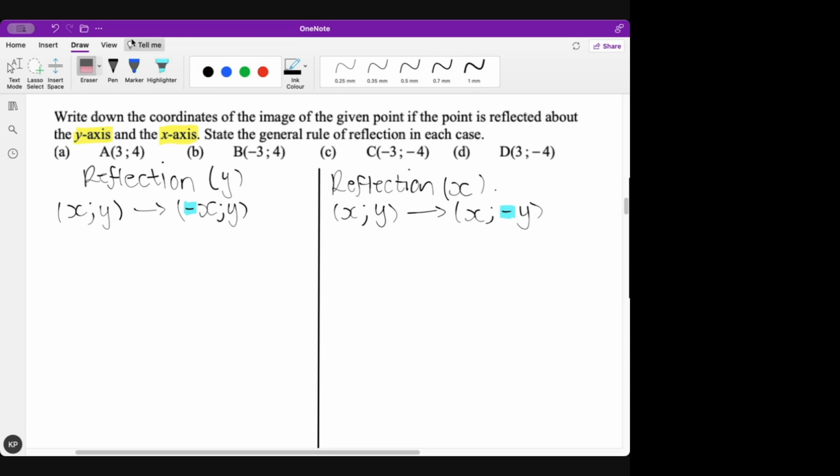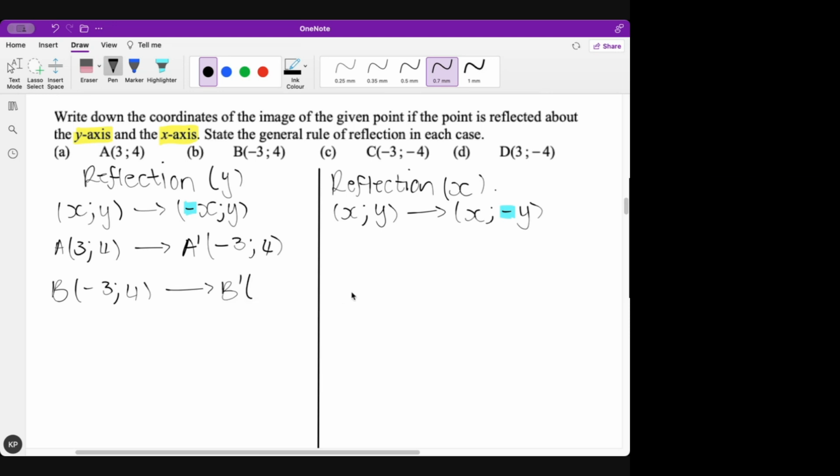So let's reflect all the points. A, B, C, and D. So we're going to go from A, which is 3, 4. And A prime will become, if x changes signs, -3 and 4. Are we with me? And then we have B, which is -3 and 4, which means B prime will be what?